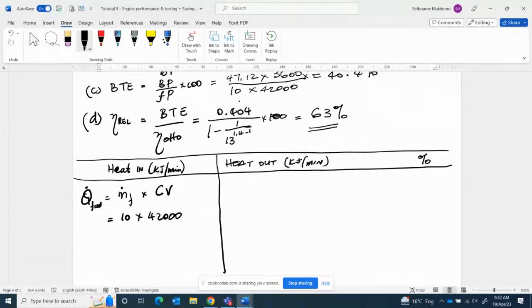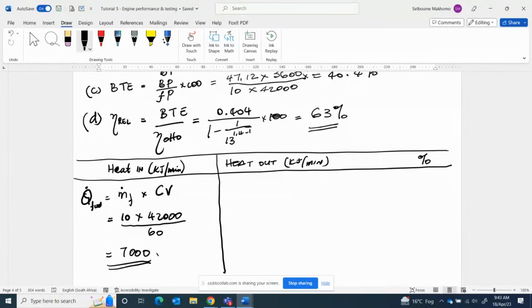Because it's per minute, we have to divide by 60. This 10 is per hour, so we divide by 60 to make it per minute. Now, 7,000 kilojoules per minute is the source of energy for this particular engine, the amount of heat coming from fuel.